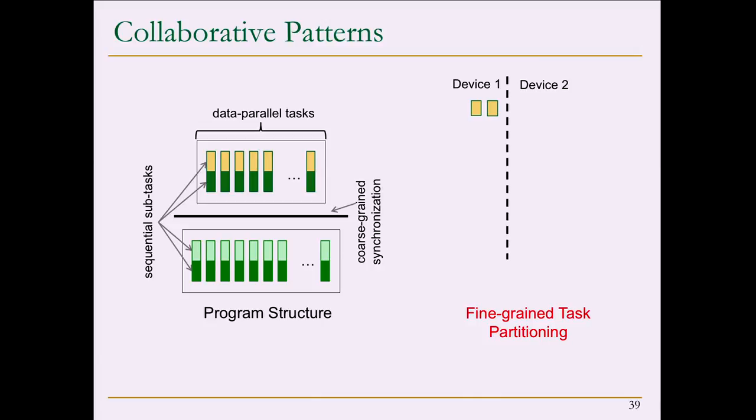For example, the yellow subtask is faster on device 1, so we're going to execute it on device 1. The green subtask is faster on device 2, so we are going to execute them all on device 2. In this case, it is going to be needed to have some kind of fine-grained synchronization between the devices. There might be different ways to implement it, but one of the possibilities is using system-wide atomic operations.